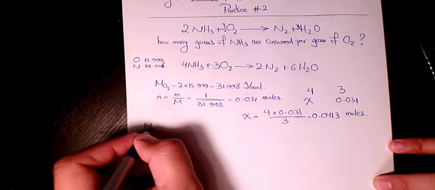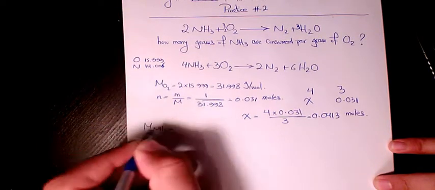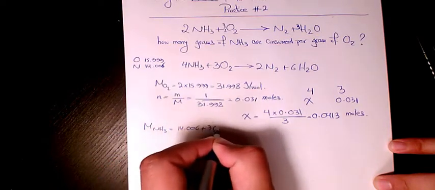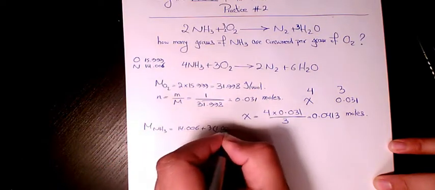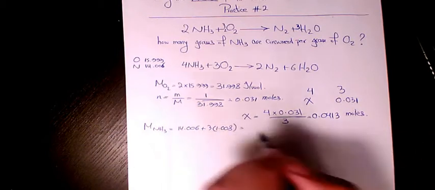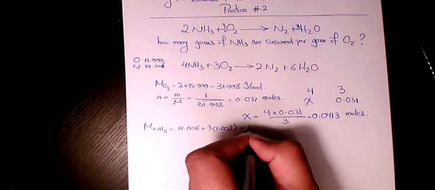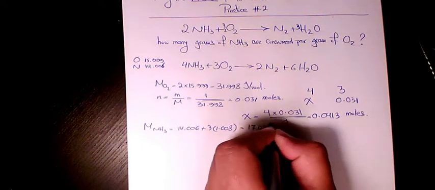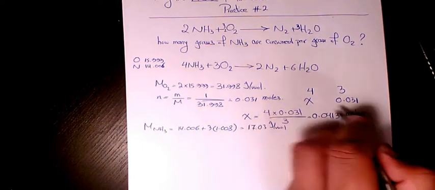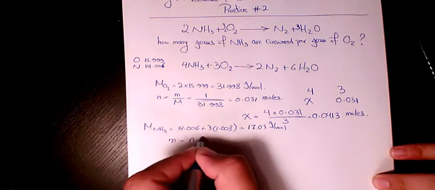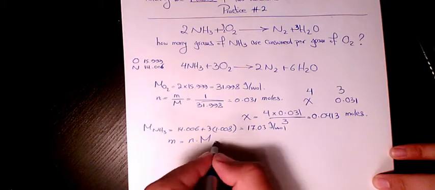We need to know the molar mass of NH3 ammonia, which is 14.006 plus 3 times 1.008. That's the atomic mass of hydrogen. That's 17.03 grams per mole. So mass will be n times M, number of moles times molar mass.